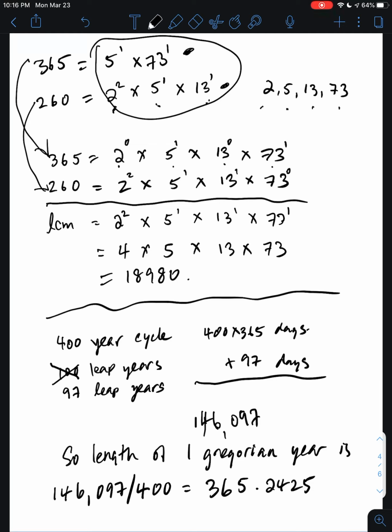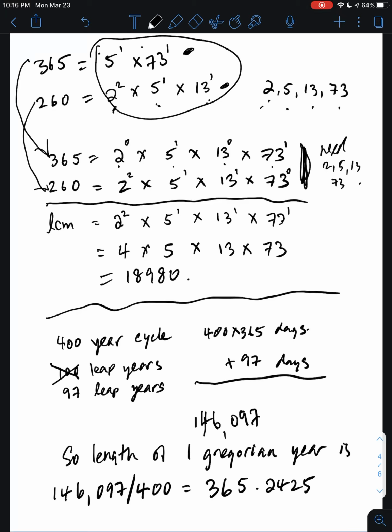Here I've included extra factors because both of these expressions need 2, 5, 13, and 73. So 2 to the power 0 times 5 to the power 1 times 13 to the power 0 times 73 to the power 1 is 365. So I've just thrown in an extra 2 to the power 0 and a 13 to the power 0.